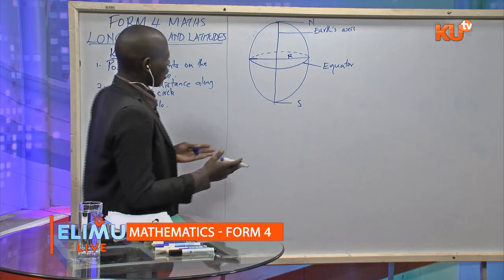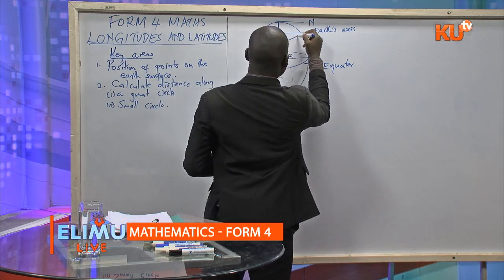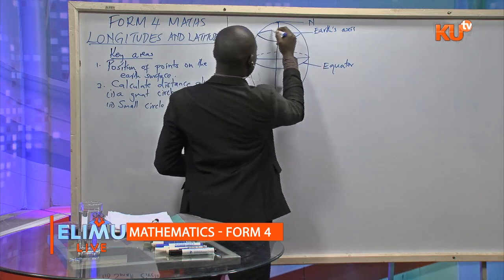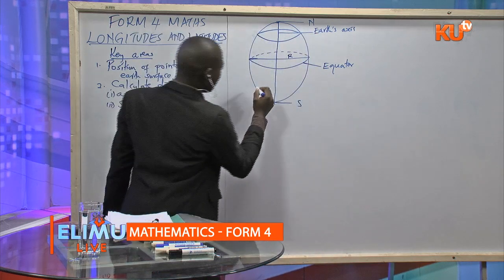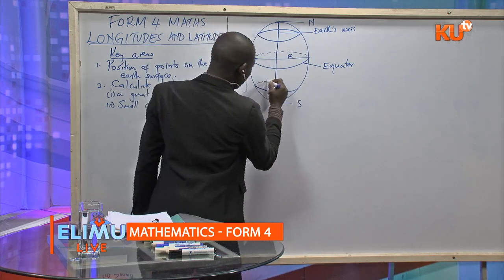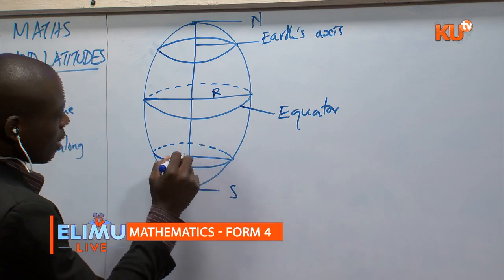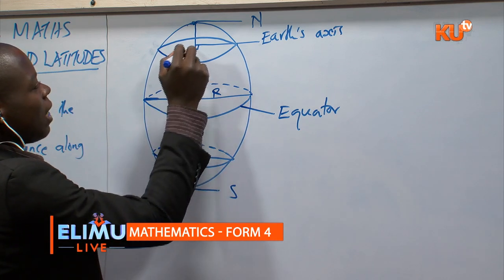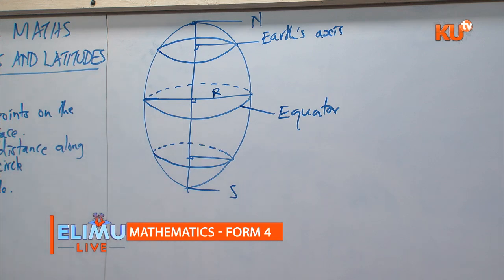And then there are other small circles that are running this way. Their plane is perpendicular to the Earth's axis, just like the equator. And you know what is meant by perpendicular? They make 90 degrees with the Earth's axis.